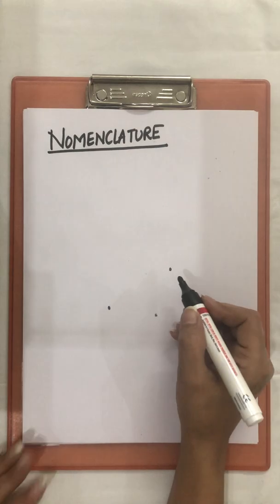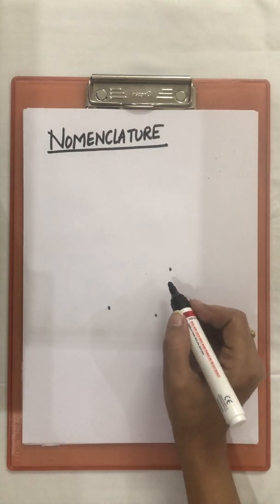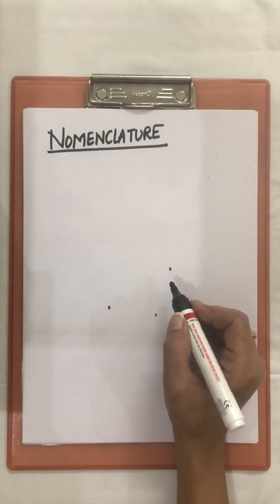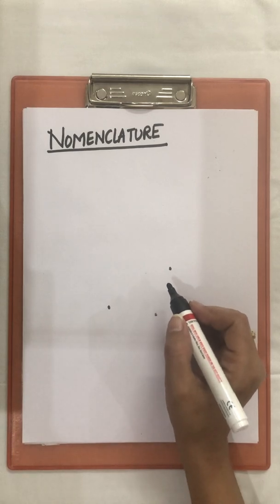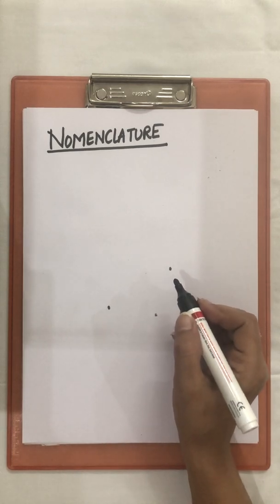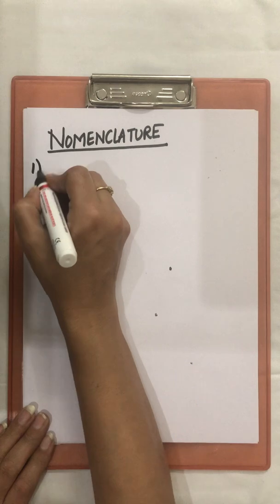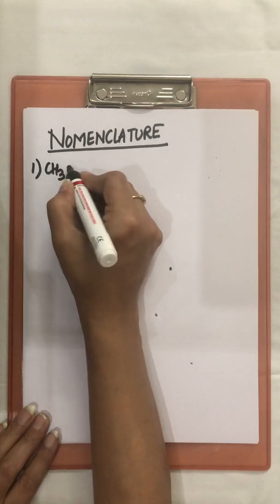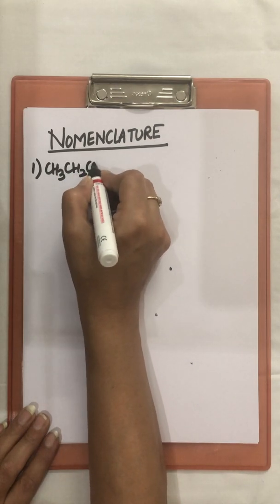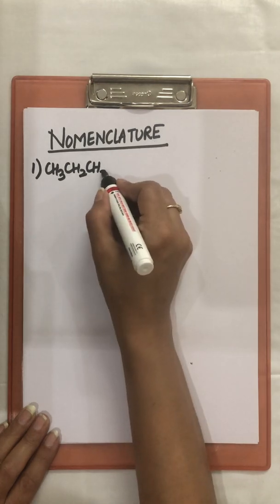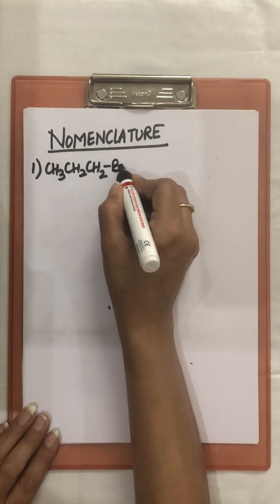How we'll name them? So we are doing the IUPAC nomenclature of these compounds, but for some of these we should also know their common names. First compound I am taking is CH3, CH2, CH2 and putting a Br here.